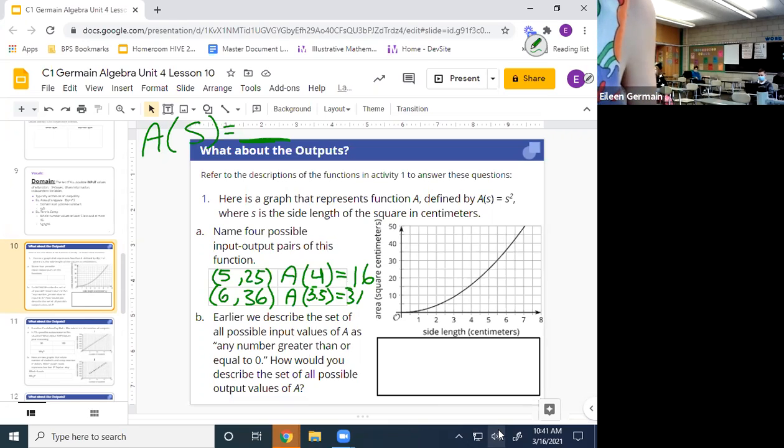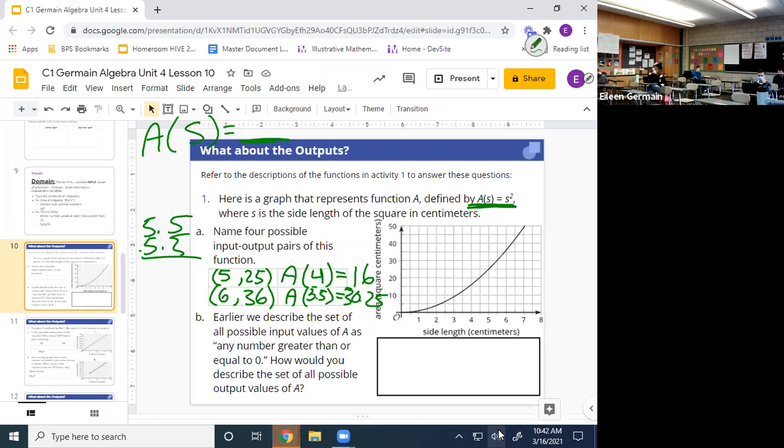I looked at the line in between the 5 and 6, and it was a little bit above 30. Yeah, but you can use that formula. 5.5 times 5.5, get your calculator and check it. 5.5 times 5.5 is 30.25. So A of 5.5 is equal to 30.25.